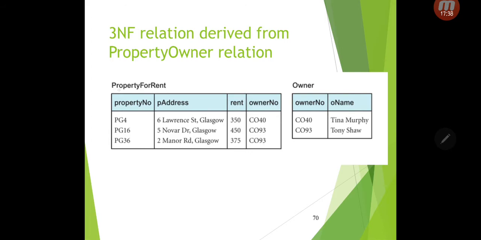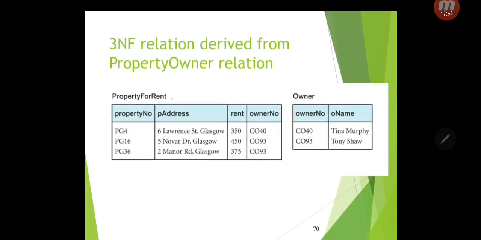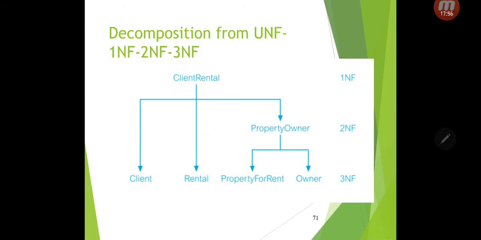So from 1 table property for rent, now it will become 2 tables, 1 property for rent, and the other one is owner. You remove owner number determine owner name into its own table. This is the transitive. So this is the output.